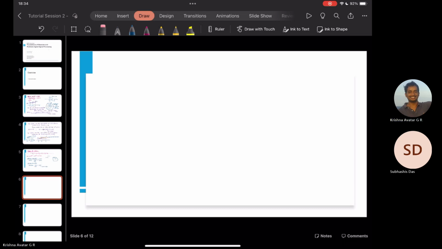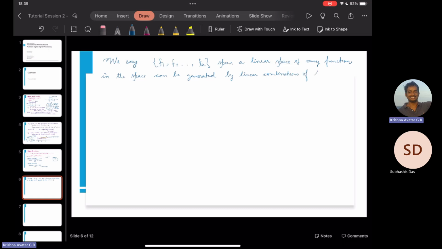Now we say that functions f1, f2 till fk span a linear space if any function in the space can be generated by linear combinations of this set.